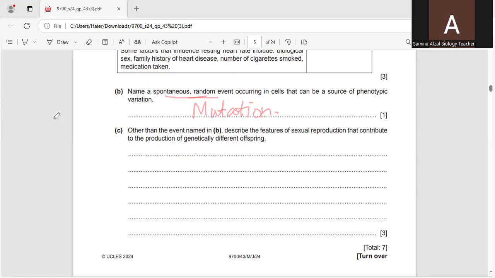And the last question is, other than the event named, describe the features of sexual reproduction that contribute to the production of genetically different offspring. So the source of variations, due to which sexually reproducing organisms are able to produce many different types of offspring.